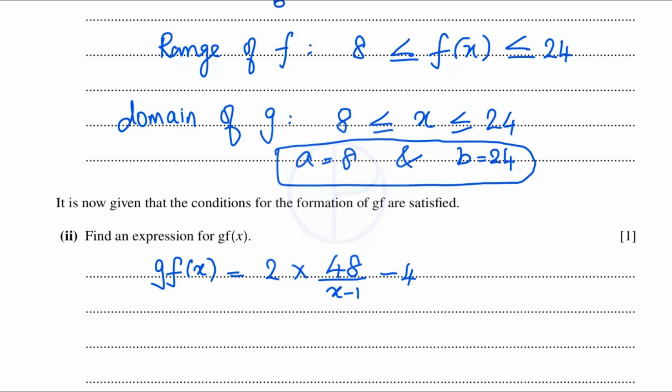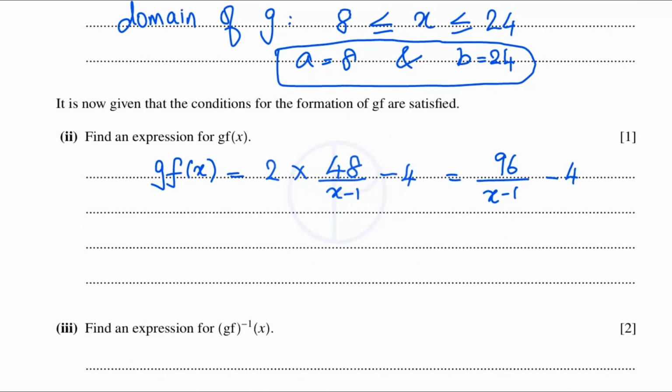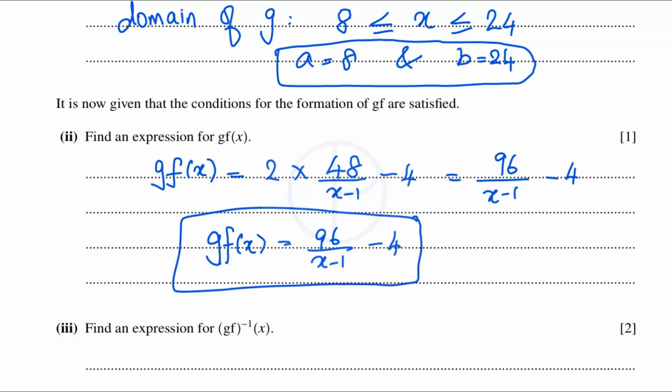Which is nothing but 96 divided by x minus 1, minus 4. This is gf of x.